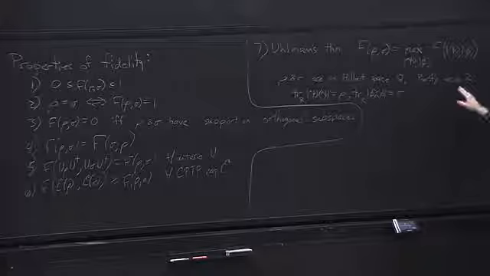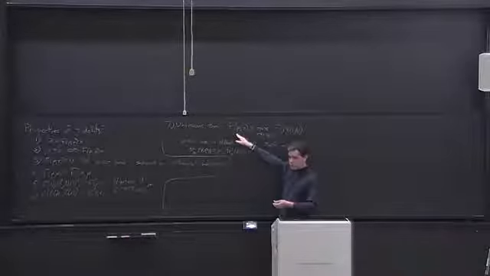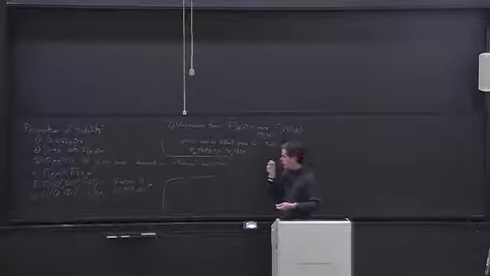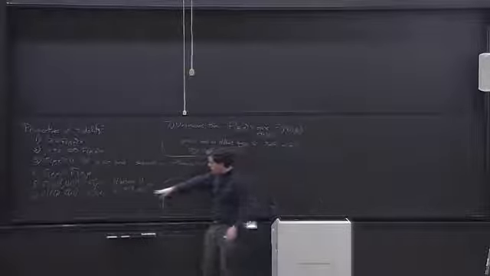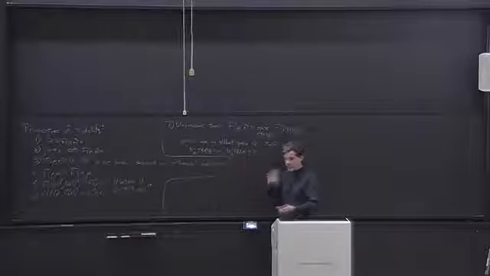Okay, and what this is saying is that if we pick the best possible pair of purifications, then the fidelity between those purifications is equal to the fidelity between the original mixed states. You can also understand this in terms of this last property down here: tracing over a subsystem, discarding a subsystem, is an example of a completely positive map that loses information.